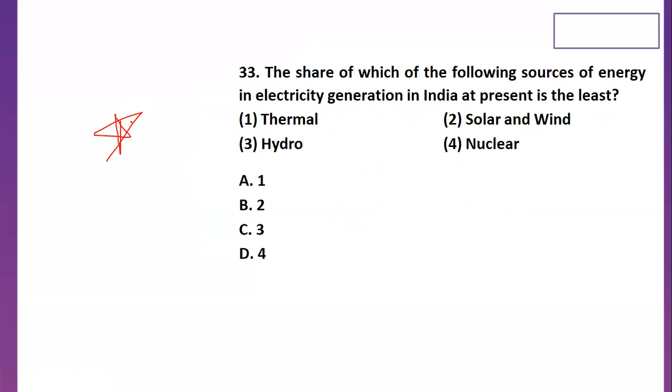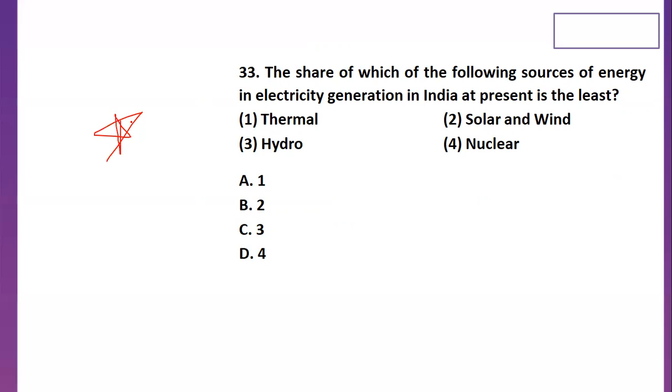Yesterday, 25, I can understand maybe, but 20 and above was expected. And today also we have a number of questions. On average, I think we have more than 17-18 questions. So at least you should be able to score 15 on average out of the total number of questions, because that is what is expected.